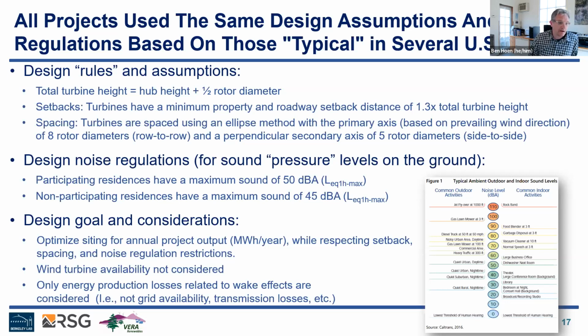And then finally, we optimize for annual project output, megawatt hours per year, while respecting these various other restrictions. Now, that isn't the only way to develop a project. You might want to maximize profitability, or you might be constrained in terms of the amount of power you could put out locally, and so you would just want to max out the hours that you're putting out power without getting curtailed. But it is a very common way to optimize a project.